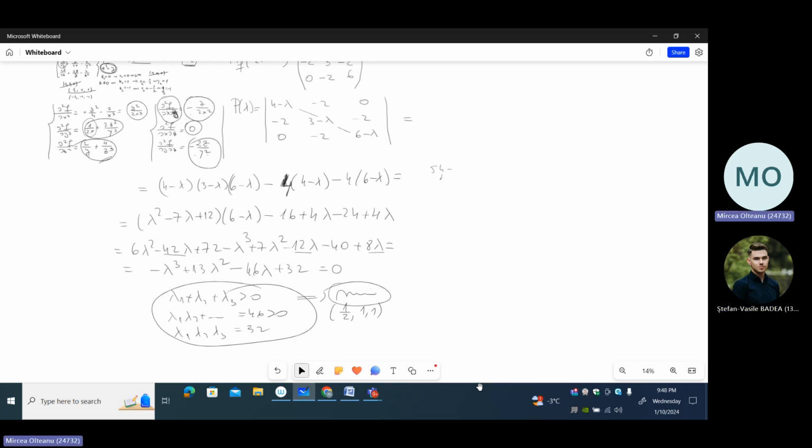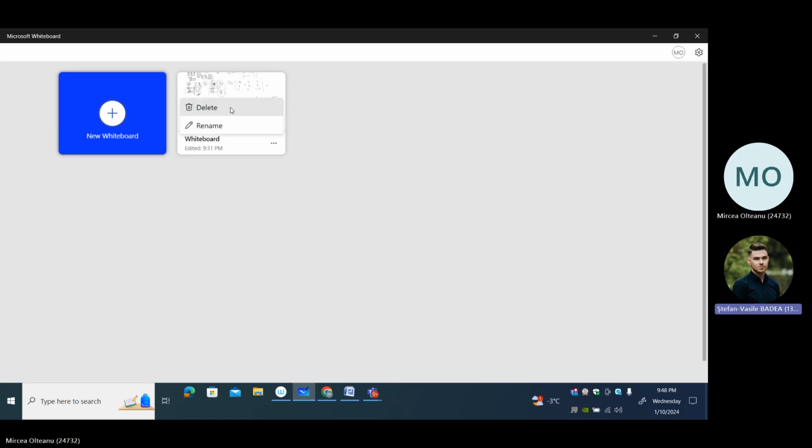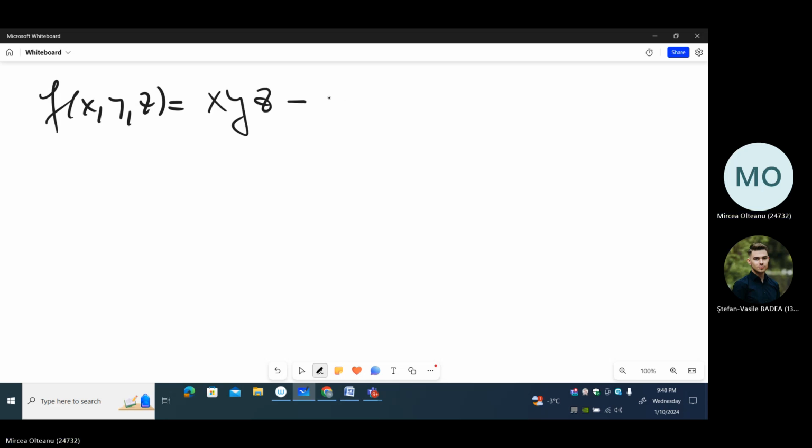Let's see if we can find another one. For example, let's see this one. It will be shorter, with 3 variables again. For example, f of x, y, and z equals xyz minus x minus y minus z.